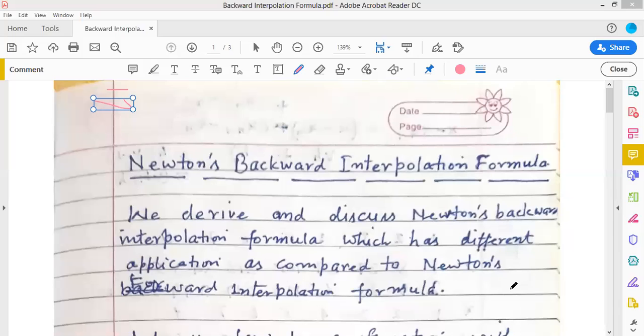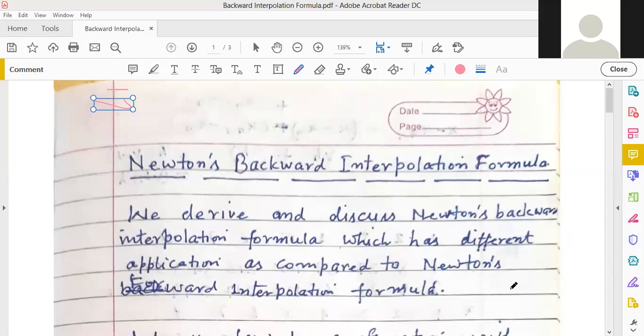Similarly, Newton's forward interpolation formula is not capable of computing the value of the function at the midpoint or near the midpoint. So now, in view of this, we need to discuss a new method of interpolation.